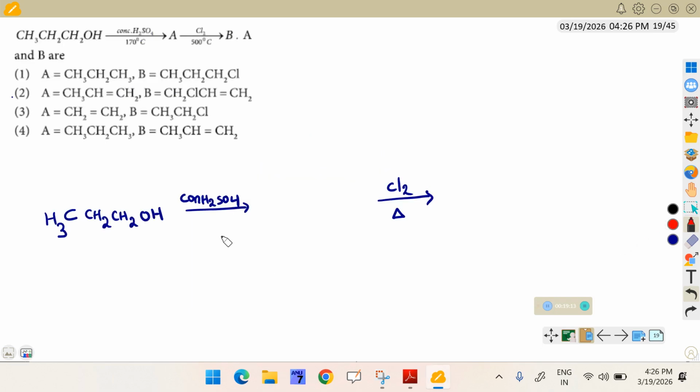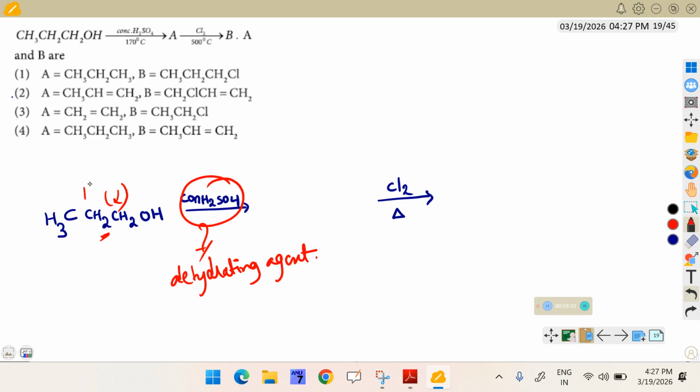See the next question. Alcohol reacts with concentrated H2SO4. The concentrated H2SO4 acts as a dehydrating agent. It follows beta elimination. Remove hydrogen from the beta carbon. The carbon attached to the OH group is the alpha carbon, the next carbon is the beta carbon. You remove the OH group from the alpha carbon and hydrogen from the beta carbon.